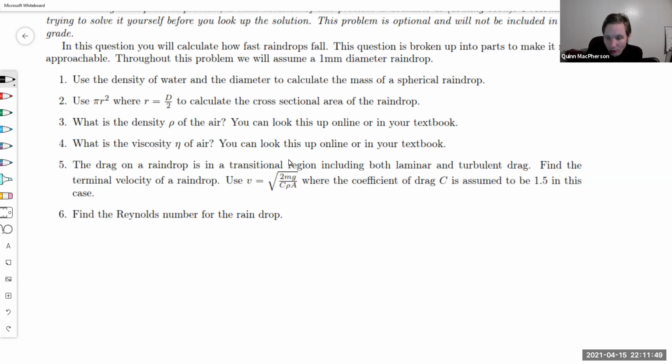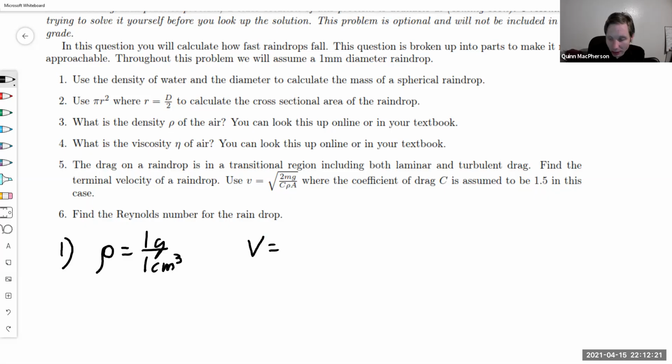The first thing we're going to do to calculate this is find the mass of the raindrop. One thing we can use is the density of water. Rain is made of water, and water has a density of 1 gram per cubic centimeter. So we have a density, and we can calculate the volume of a raindrop.